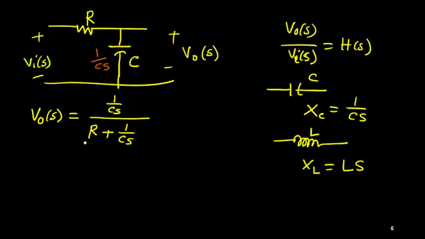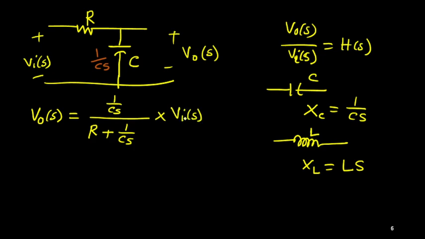So this fraction we get because of the potential divider circuit, because we have two elements, we are taking output across the capacitor, its reactance is 1 upon CS. So that self reactance upon total reactance, okay, multiplied by input voltage.